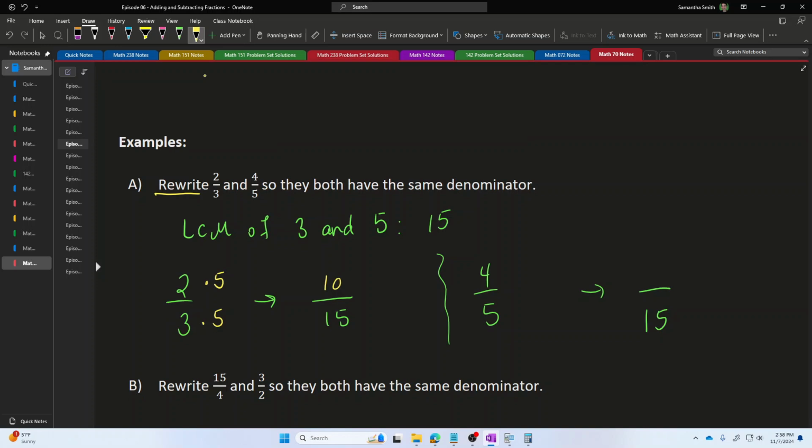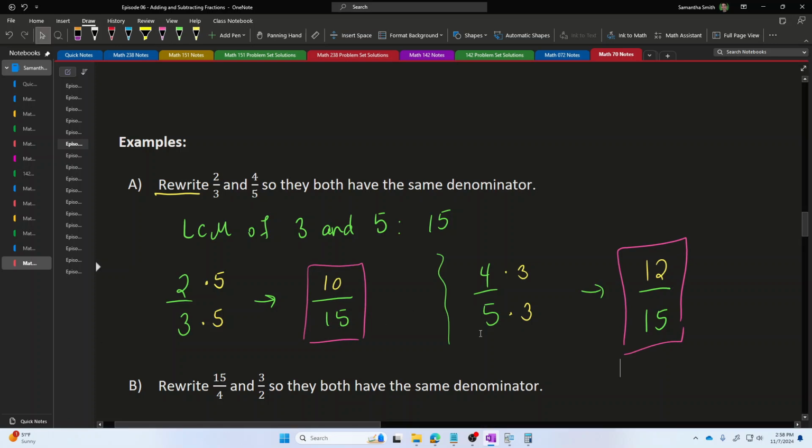And 4/5, if I want to change that 5 in the denominator to a 15, I could hit it with a 3, and if I do that to both the denominator and the numerator, I get 12/15. So in some sense, I have reversed the simplification on these fractions. I have undone the simplification and made them more complicated, but in a way that they have the same denominator now, 10/15 and 12/15.